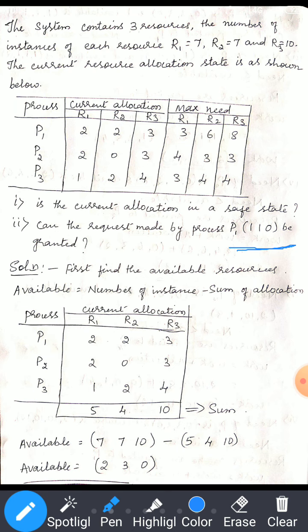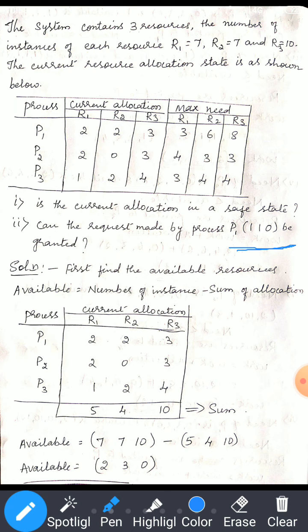The need of all the processes P1, P2 and P3 will be greater than the available resources, and hence the resources cannot be allocated to the requested process. If the resources are not allocated to the requested process, then the process will move to the wait state, they will never get the resources, and the system will result in a deadlock situation.